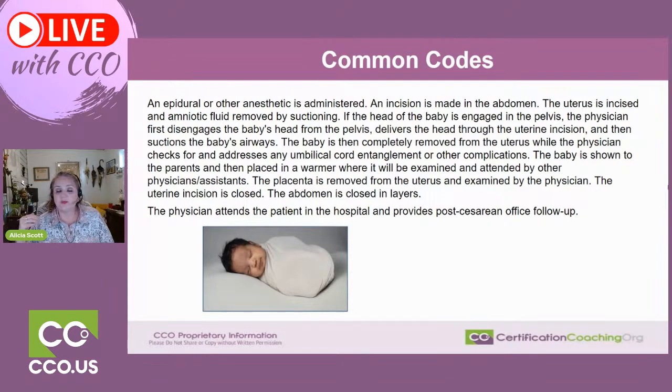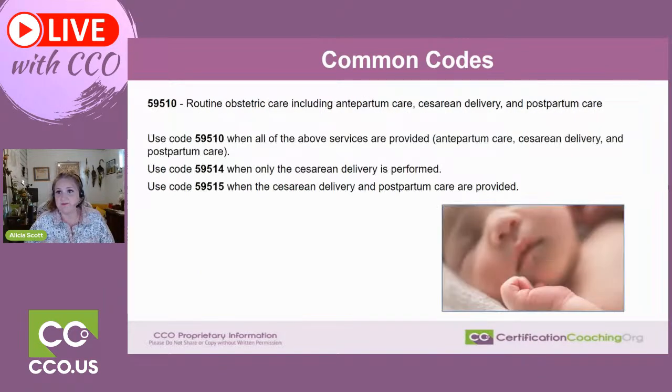Once the baby is delivered and the mother is taken care of, then they wheel them into their room. All of that follow up care after the cesarean, and there's several things that they have to do, is all included in the bundled package for that cesarean delivery.